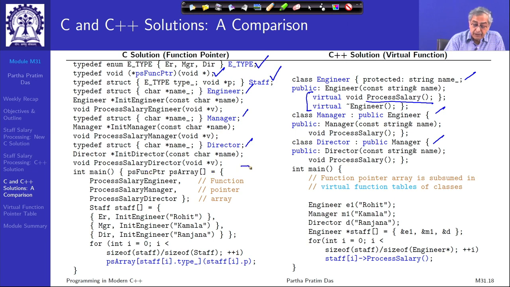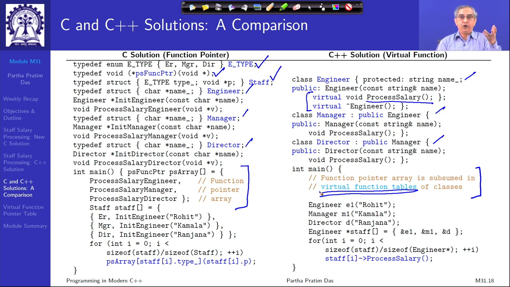In the C solution using function pointers, we have this function pointer array. Here we do not have anything corresponding to that, and that is the key point we are going to discuss: how does that happen in C++. The function pointer array that we explicitly have to manage in C gets subsumed as a function pointer table, which is also an array corresponding to the classes. That is the key point that I want to drive in.